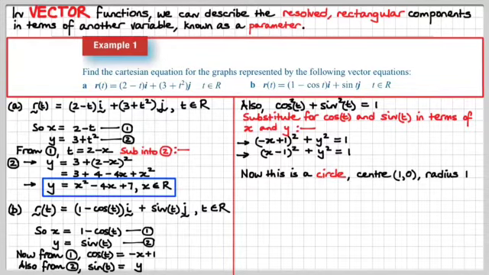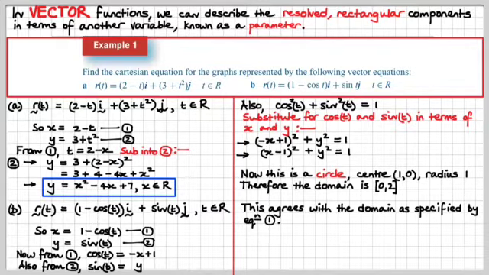That's a circle. It's got centre (1, 0) and radius 1. Therefore, the domain is 0 to 2. Now, if you go over here, you'll see that makes perfect sense because, look, the extreme values of cos t are minus 1 and 1.